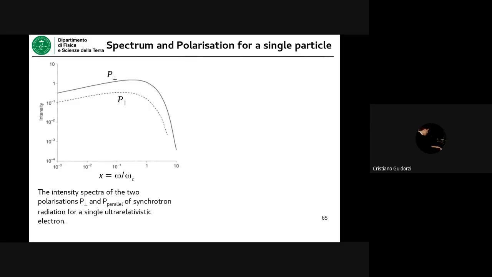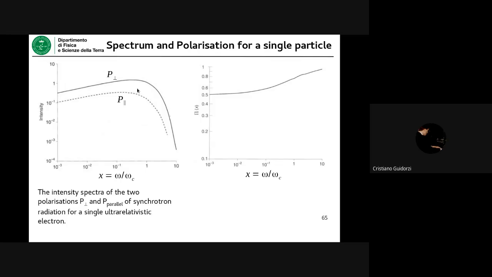So it is much more meaningful to use as the independent variable the frequency in units of critical frequency, what we call just X. The solid line is the intensity along the perpendicular component, and the dashed line is the one of the parallel. You immediately see that indeed you have a stronger intensity along the perpendicular one rather than the parallel.